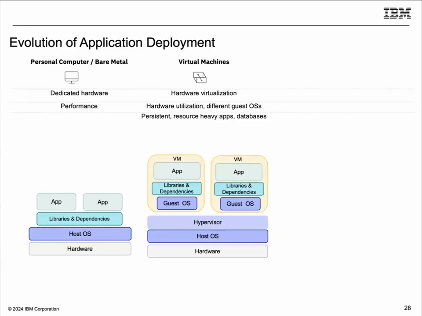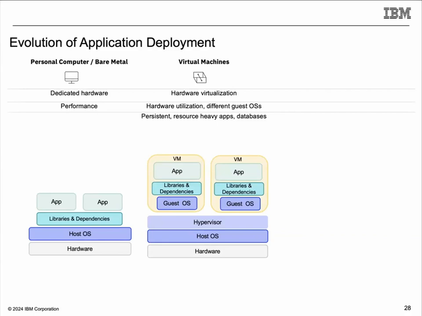Then came virtual machines. From a System Z standpoint, we've had virtualization for many years with z/VM and our PR/SM hypervisor, which allows you to IPL multiple guests on top of a single system. VMware also made it very popular on distributed systems.